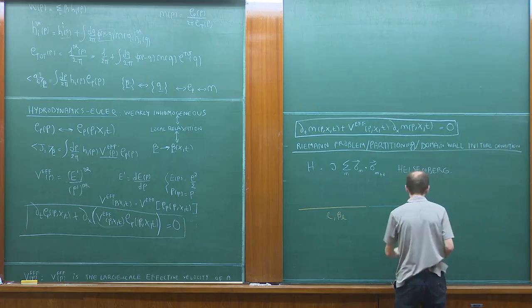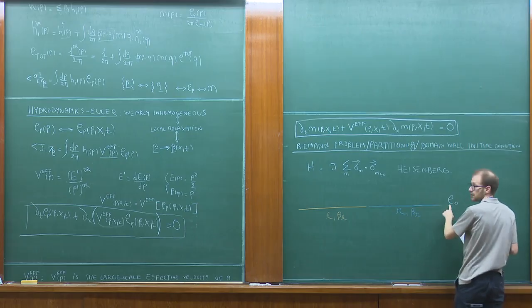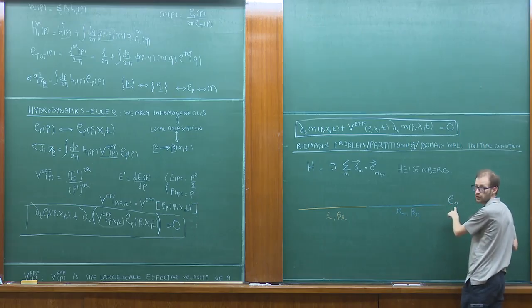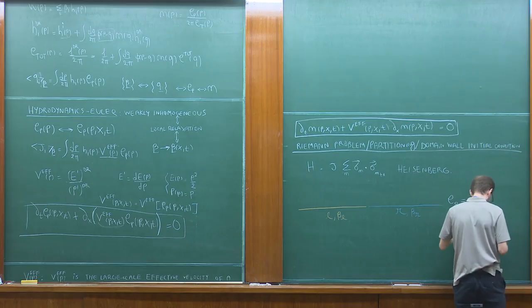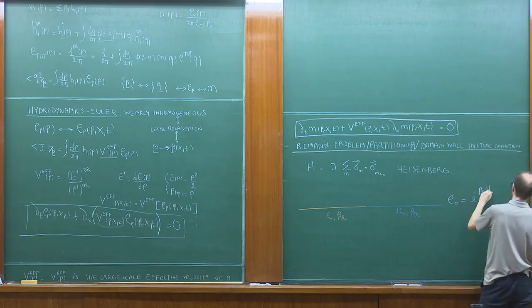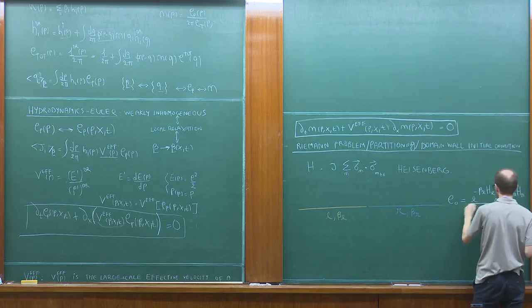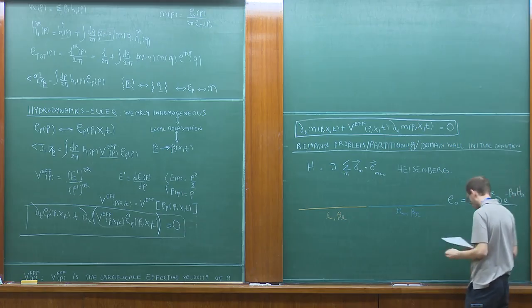So the initial state will be a density matrix, rho naught, equal to e to the minus beta left H left, tensor product e to the minus beta right H right, divided by a normalization, the partition function.